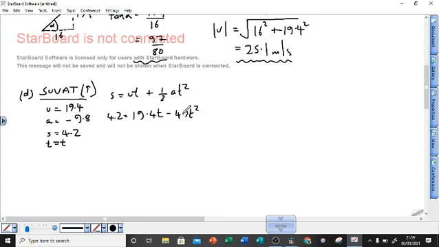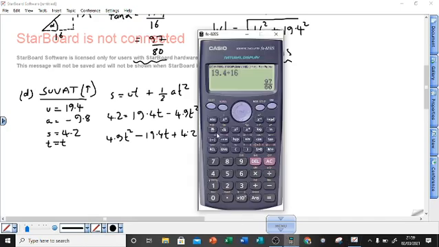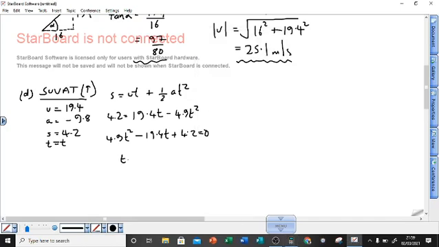So forming this quadratic, throwing everything onto this side, I've got 4.9 T squared minus 19.4 lots of T plus 4.2 is equal to 0. So using the quadratic formula on a calculator, I'm going to put down T1, which is the smaller value, and T2, which is going to be the biggest value, and they're both going to be positive.